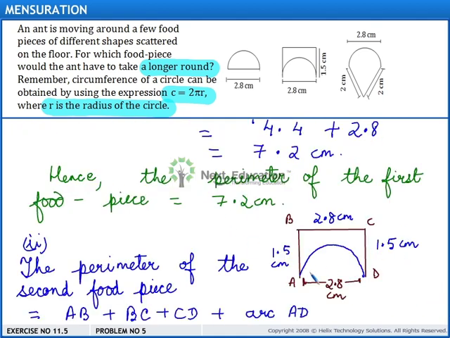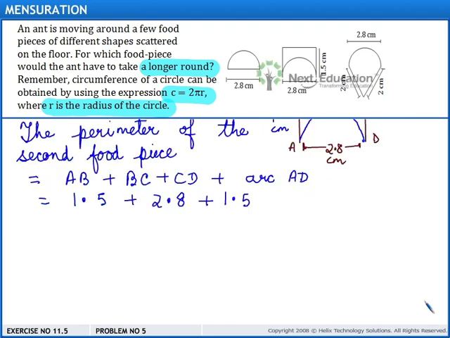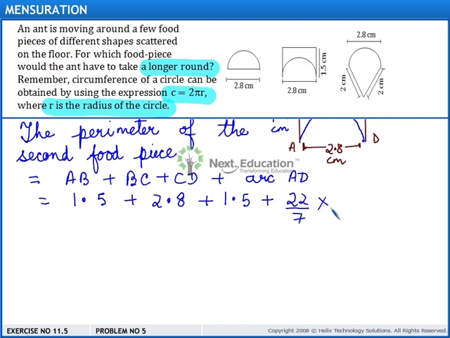What is arc AD? Arc AD is the semicircle. And we know that the circumference of a circle is 2 pi r, so the perimeter of the semicircle will be pi r. The diameter is 2.8, so the radius will be 1.4 centimeters. So we can write the length of arc AD as 22 by 7 into 1.4.